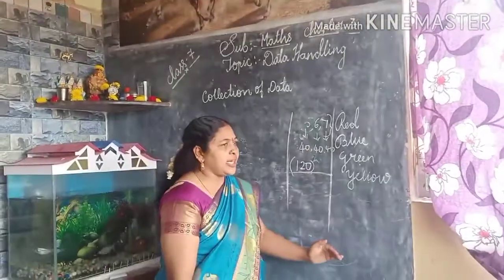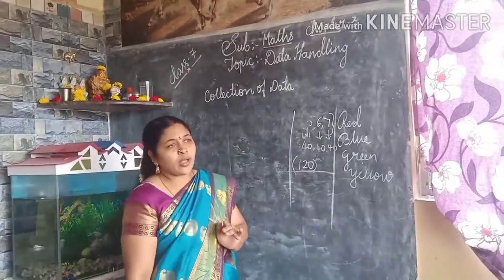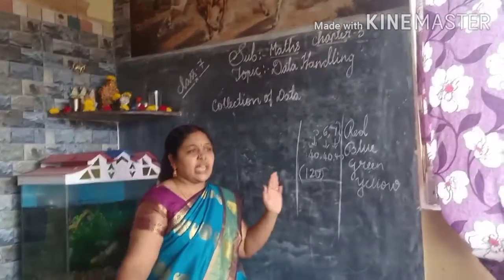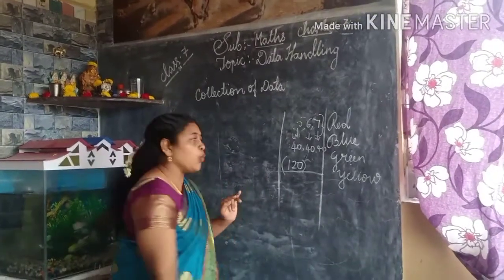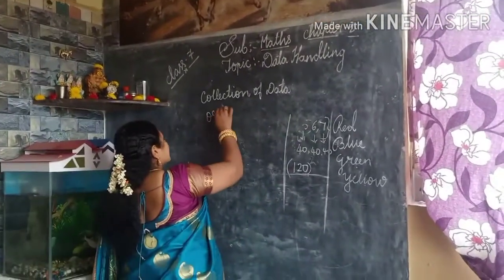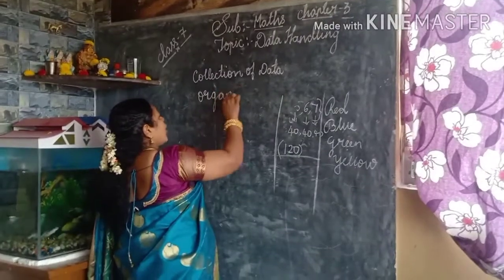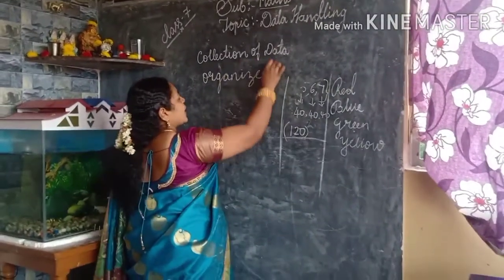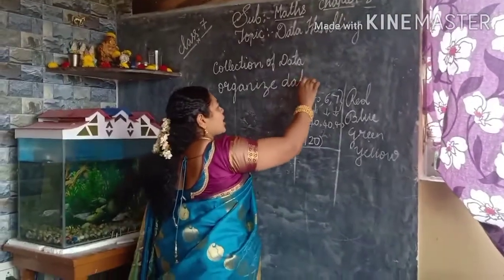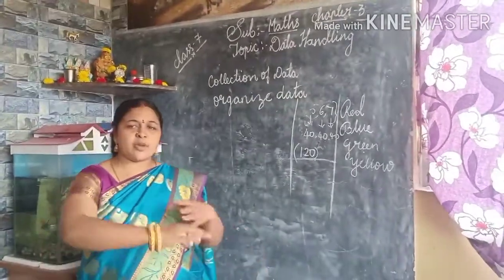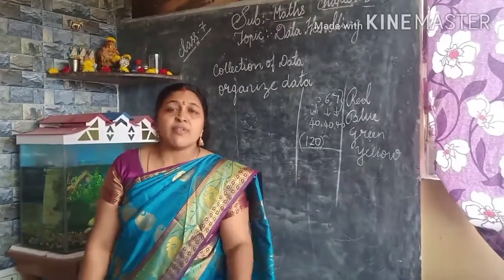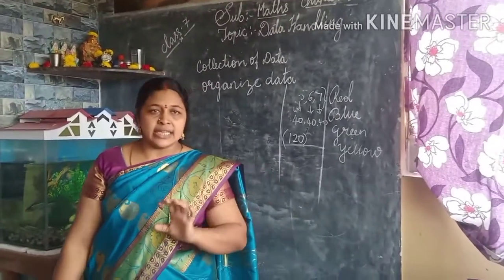Once you collect all the data, then what will you do? After collecting data from all the classes, is that enough? No, we have to organize data. What is organizing data? Just collect the information of all the groups and make them as four groups. We will assign a leader, isn't it?